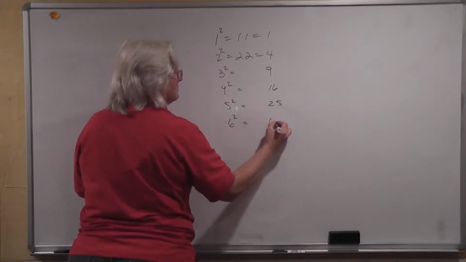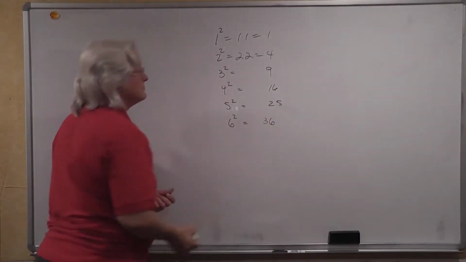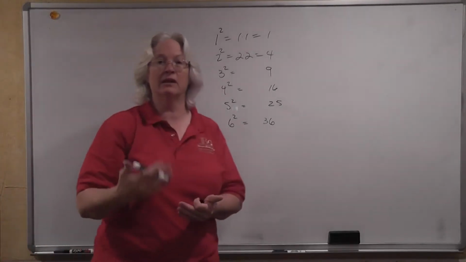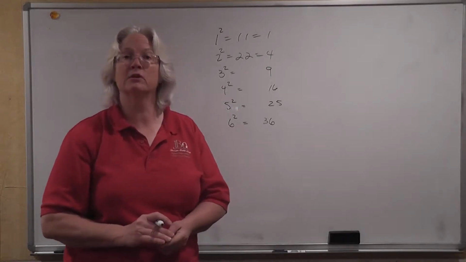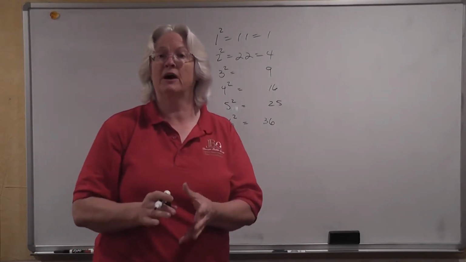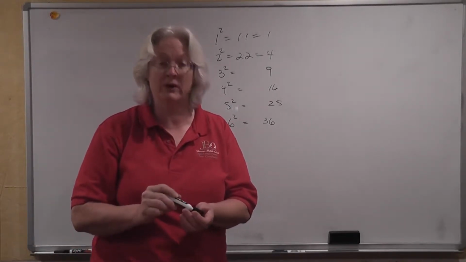And you see what I'm doing here. 6 squared, 7, 8, 9, 10 squared is 100, 15 squared is 225, 25 squared is 625.